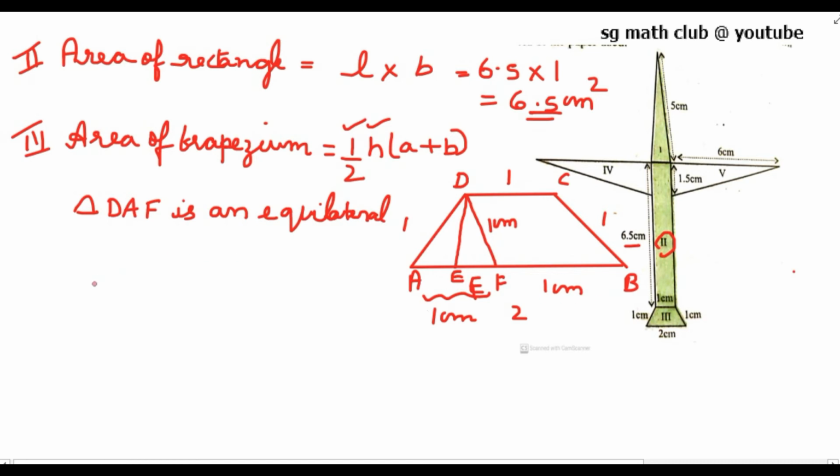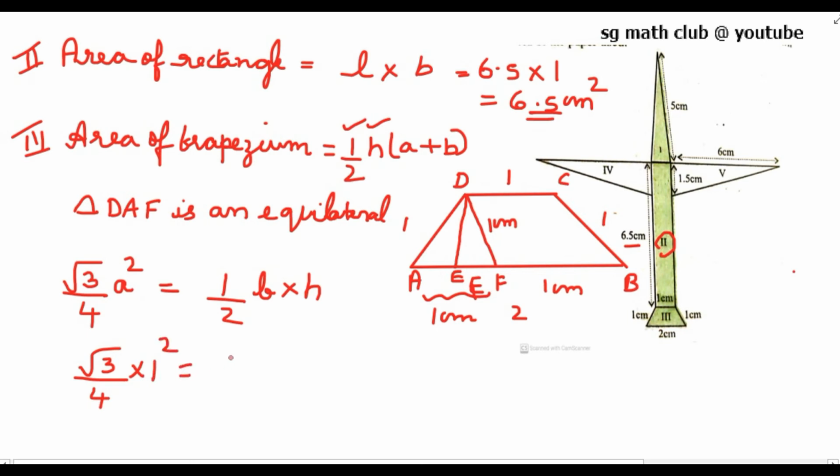To find the height of this triangle, we know that the area of an equilateral triangle is root 3 by 4 a square. We can also apply the formula half base into height. So root 3 by 4, with side 1 centimeter, 1 square, is equal to half into base, which is also 1, into height, which we need to find.